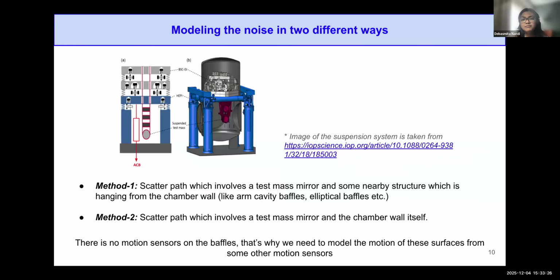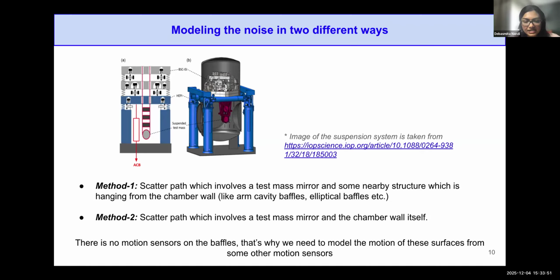Now I will talk about the modeling. We have developed two models to explain this noise. But before going into the models, I would like to briefly explain the suspension and seismic isolation system. This is the figure that I took from the suspension paper. The blue pillars that you see here are the HEPI system.